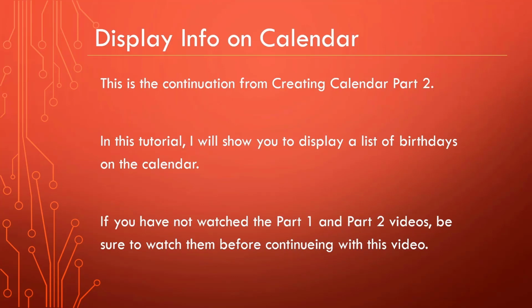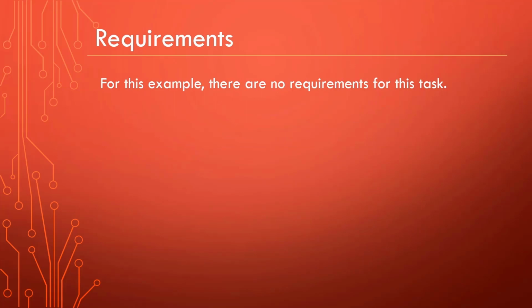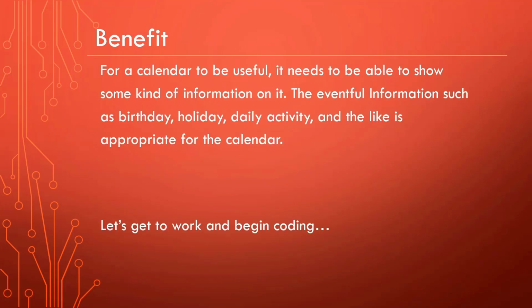We also removed the caption from the buttons that displayed 1, 2, 3 as our calendar days. In this tutorial, I will show you how to display a list of birthdays on the calendar. If you have not watched the part 1 and part 2 videos, please be sure to watch them before continuing with this video. There is no requirement for this task.